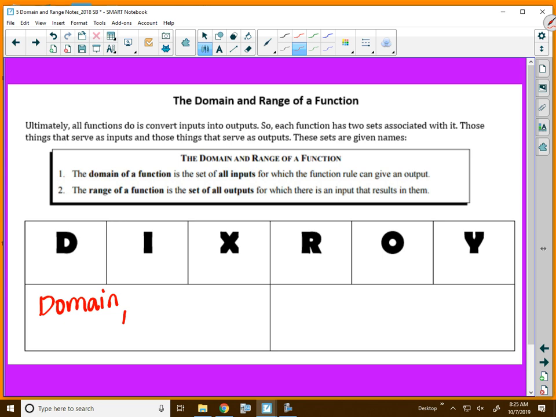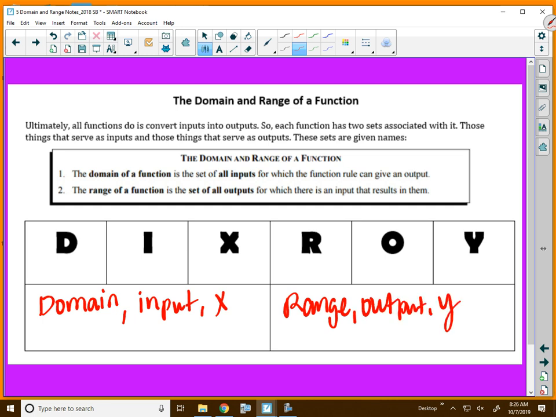X. Input. Okay? Domain, input, x. So this would be range, output, y. All of them are the same thing.